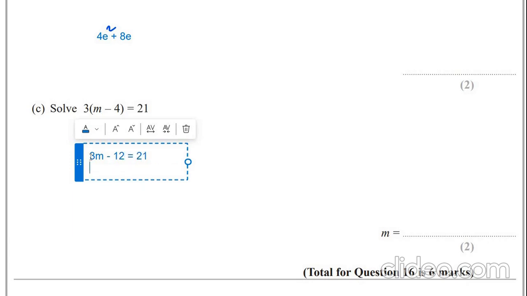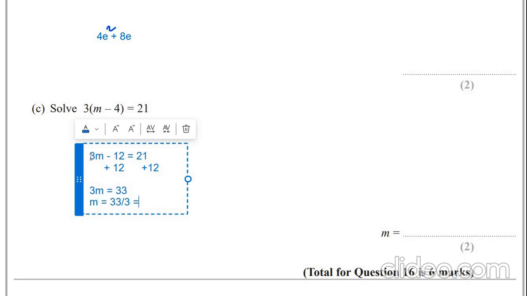If we add 12 to both sides, then we get 3m is 33. And then if we divide by 3 on both sides, that will give us our value, 11.